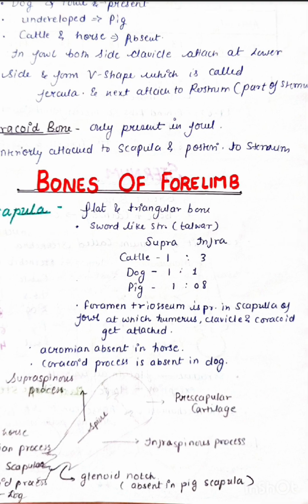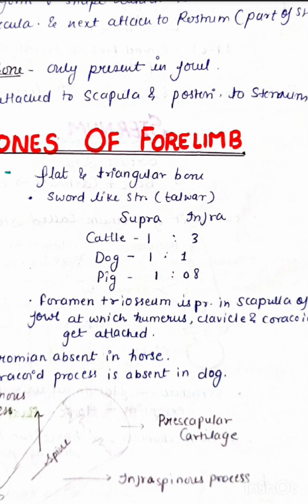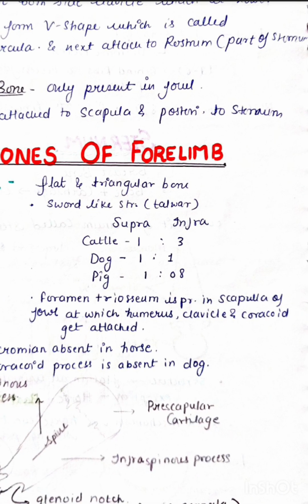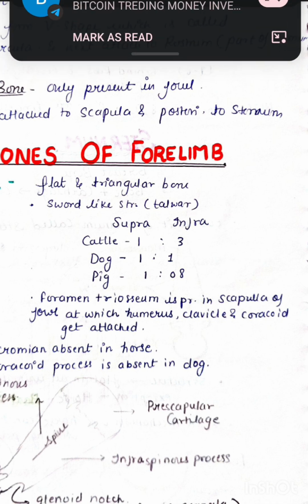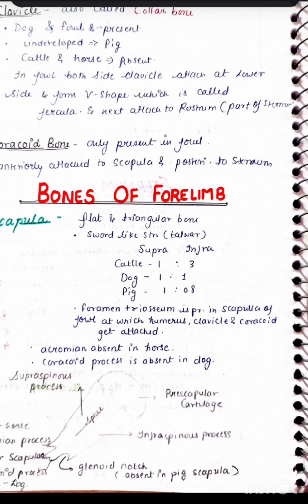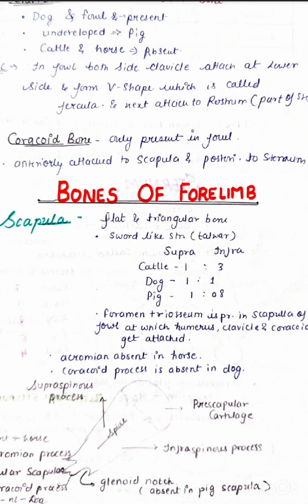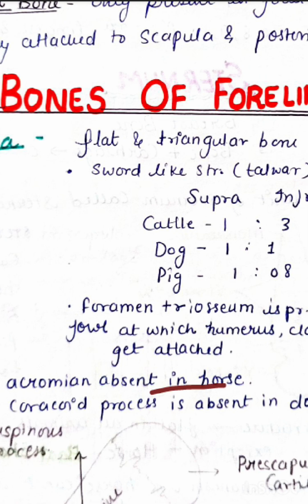The foramen triosseum is present in the scapula of fowl, at which the humerus, clavicle and coracoid get attached. Now the acromion process is absent in the horse. It is a very important point from the exam point of view, and in general also, that the acromion process is absent in horses.